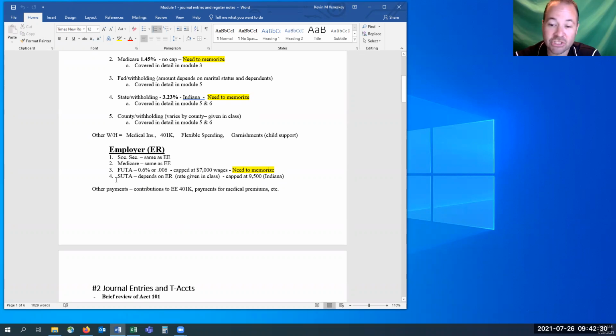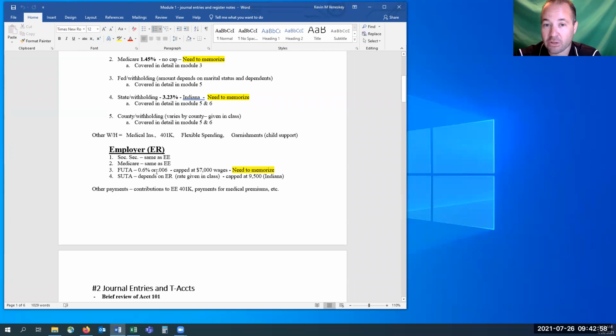SUTA, each state has their own rules and rates. So this is just the same except for State Unemployment Tax Act. Your rate, I will have to give this to you for each problem because it's different for each employer. Each employer is rated based on how many people they lay off and the employees that have to dip into this fund for unemployment.